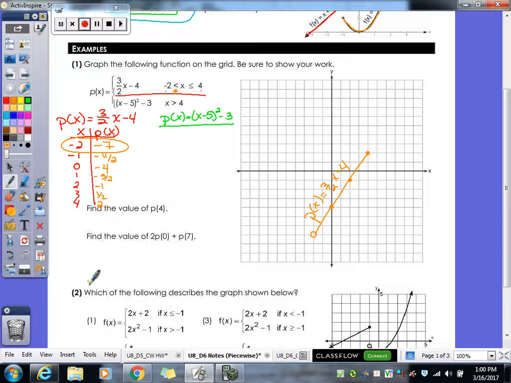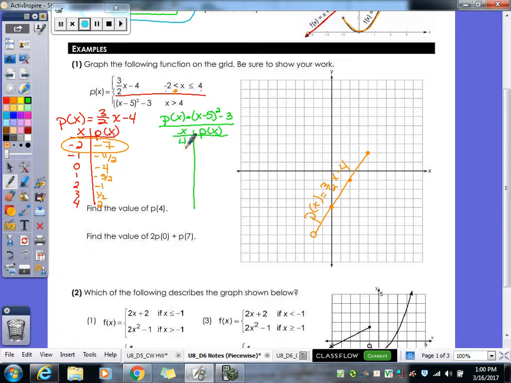Then we have to make a table for the other part of our piecewise function. So our x minus 5 squared minus 3. I'm going to set up my table of values there. Our domain that they give us for that is x is greater than 4.